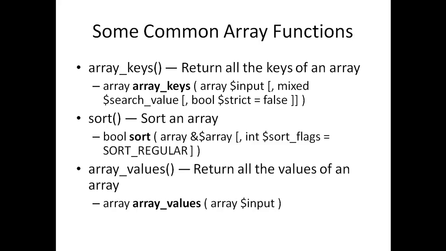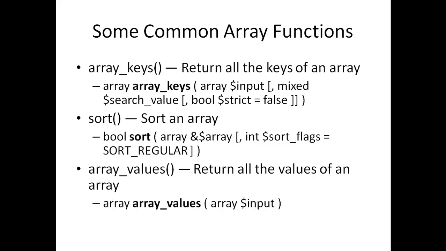To be honest with you, you probably don't need the second two values in the array_keys function. If you do, you can look them up on php.net. I've never really used them, but they are there for you.